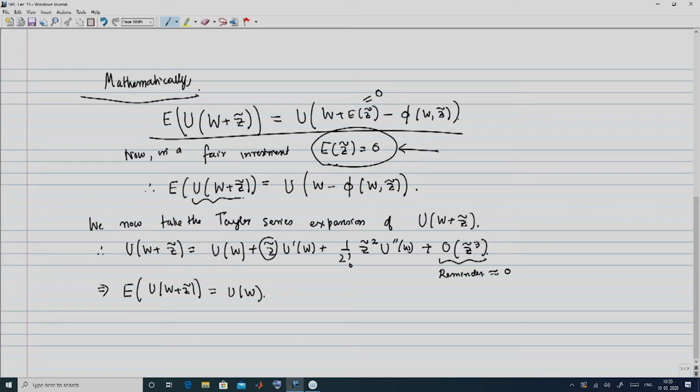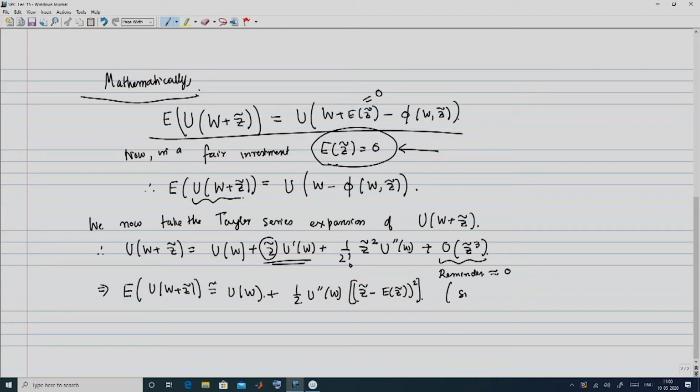That means this term is going to be 0 and I have this remaining term. So, this will simply become half u double prime of W into z tilde minus e of z tilde, which is 0, square. Alright. So, this is an approximate relation.